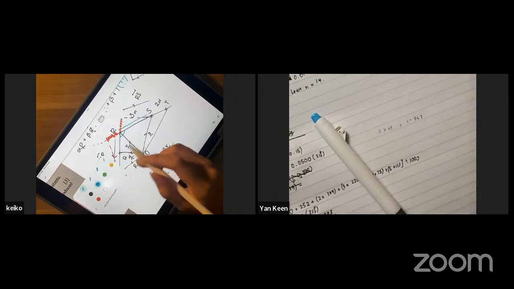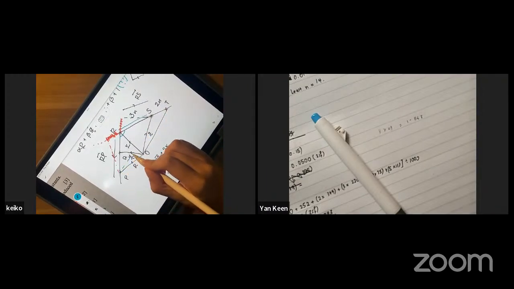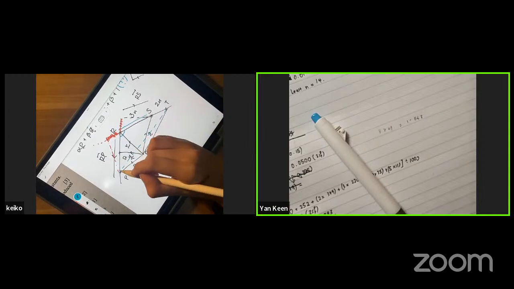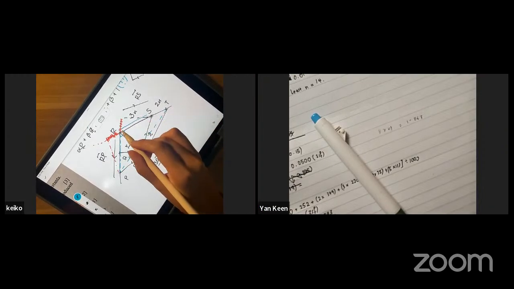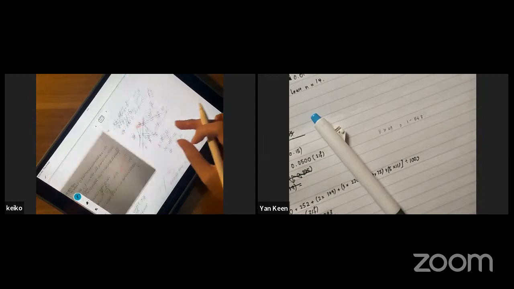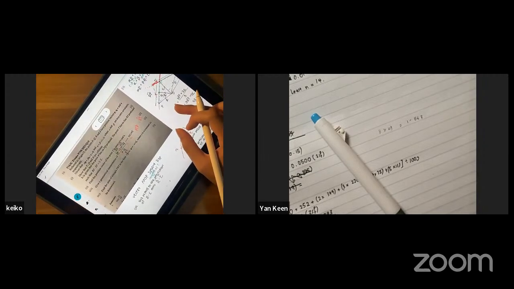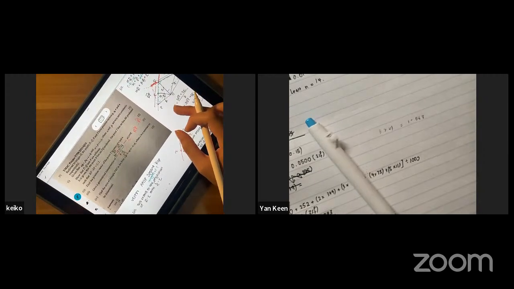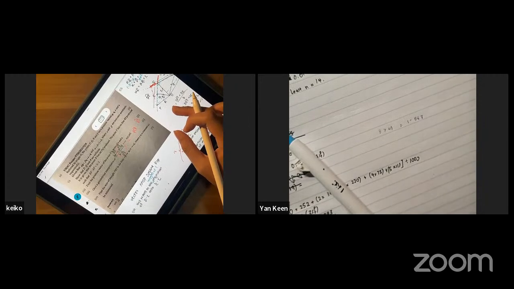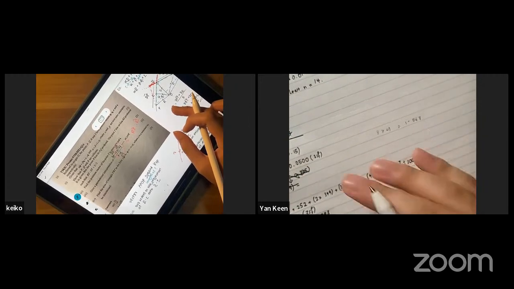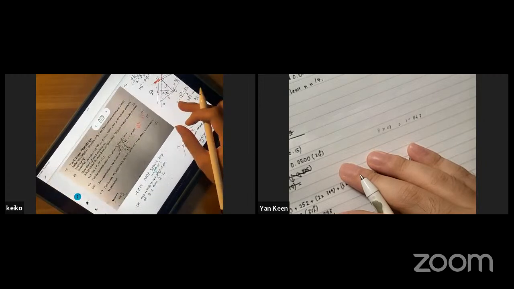So the one with the highest probability. Among the PDFs, there's PDF 0, PDF 1, 2, 3, 4, 5. So what can you do then?